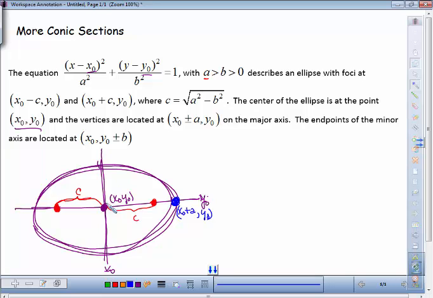What that's saying is that the distance from the center point to the edge of the ellipse is your a value. And same goes on the other side. So this point over here would be x naught minus a instead of x naught plus a.